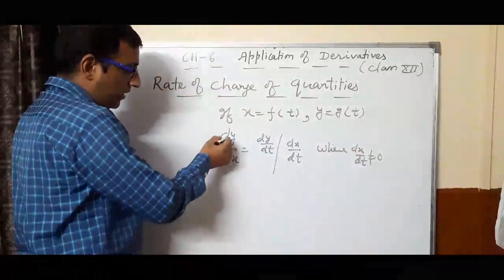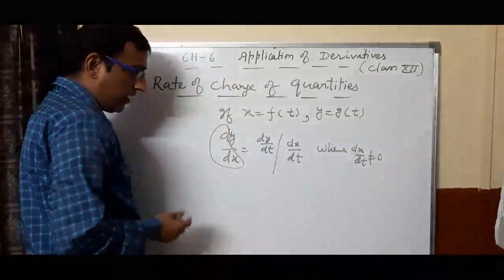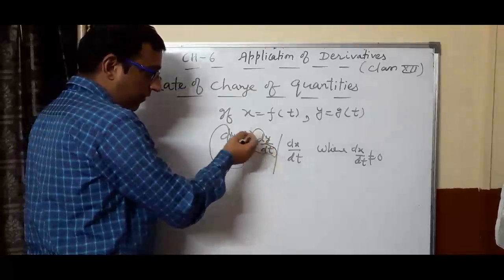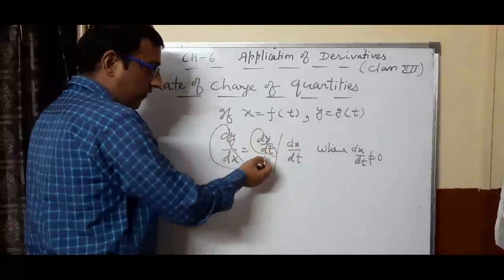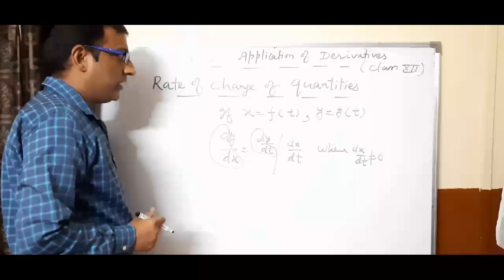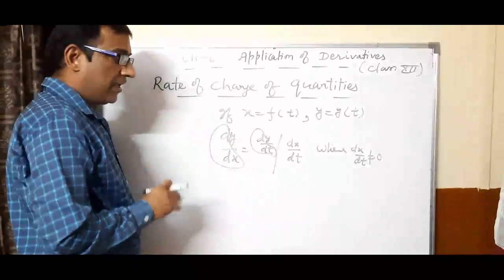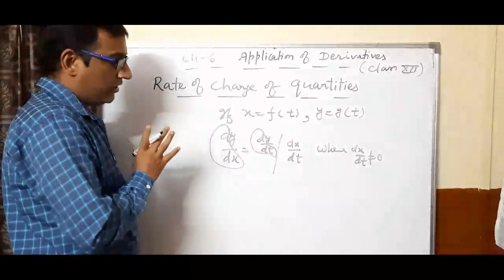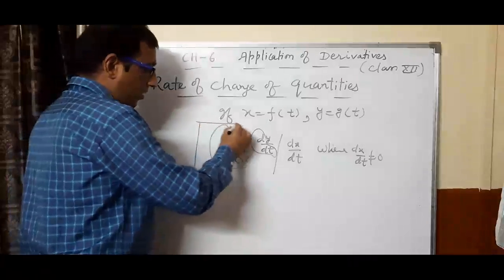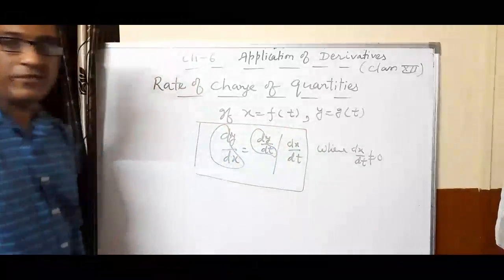It means the rate of change in variable y with respect to x can be calculated by the rate of change in variables y and x with respect to t. We will not discuss much more about this concept. As I told earlier, I will give only a brief summary. So this is the way of solving questions related to rate of change.